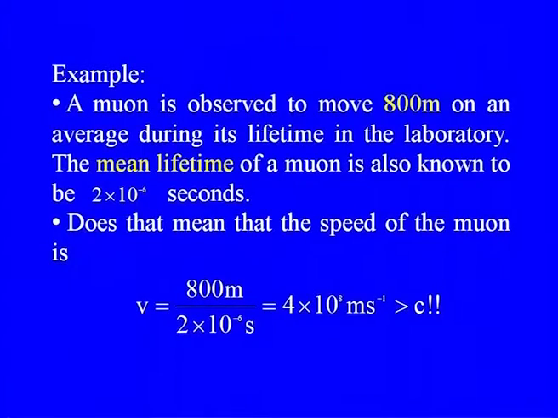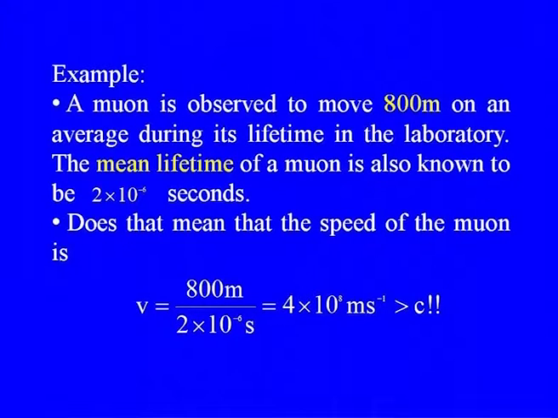A muon is observed to move approximately 800 meters on average during its lifetime in a laboratory. If one looks up the mean lifetime of a muon from one of these particle physics books or data tables, you see that it is something like 2 into 10 power minus 6 seconds.